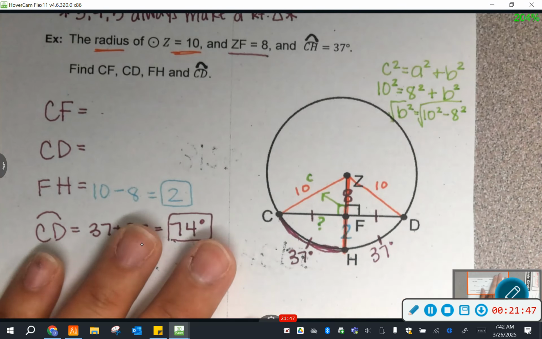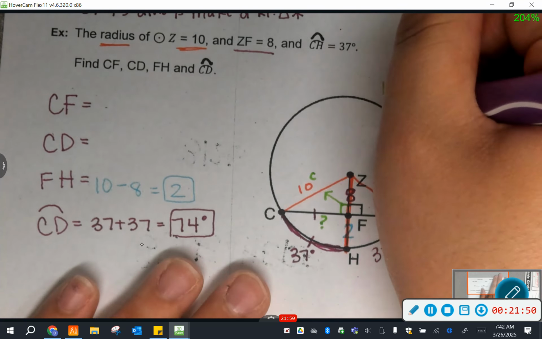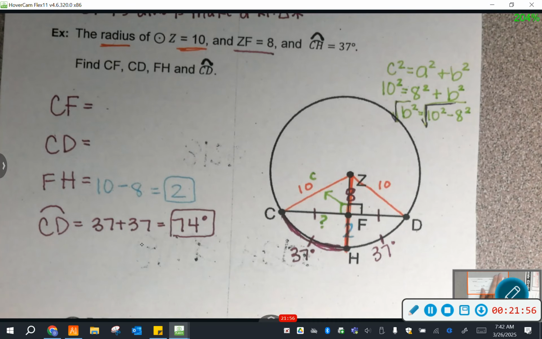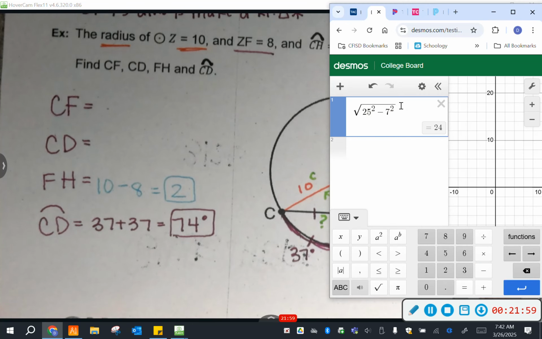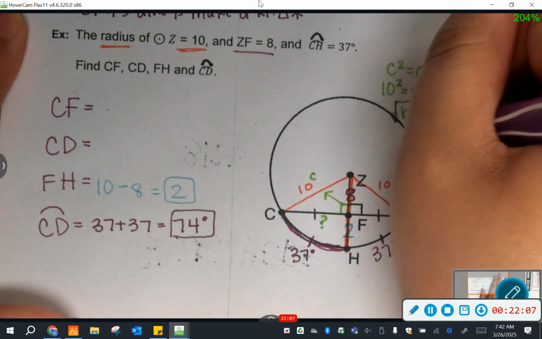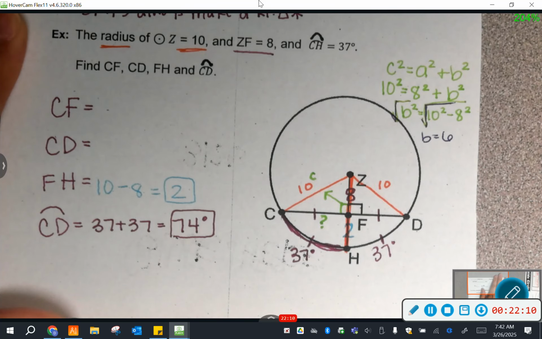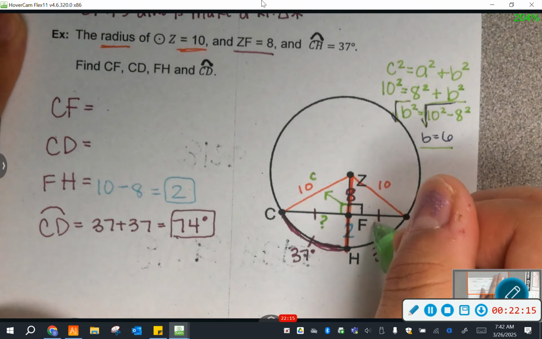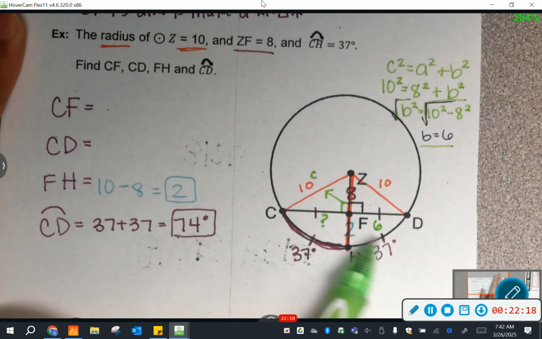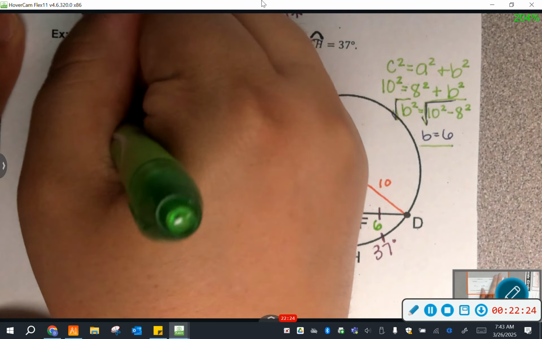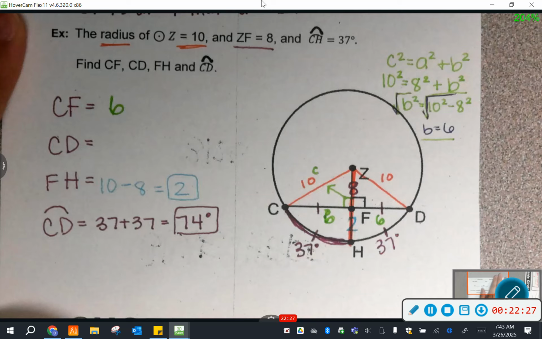And put that in your calculator, please. What is the square root of 10 squared minus 8 squared? Don't forget your square root. It is 6. Your B will equal 6. So if this is 6, y'all focus, what's this side? Also 6. So what's the whole thing? 12.